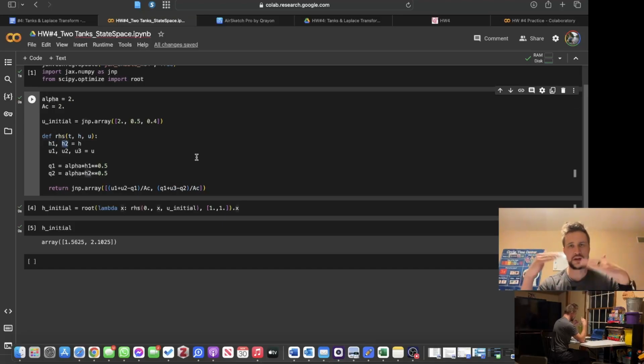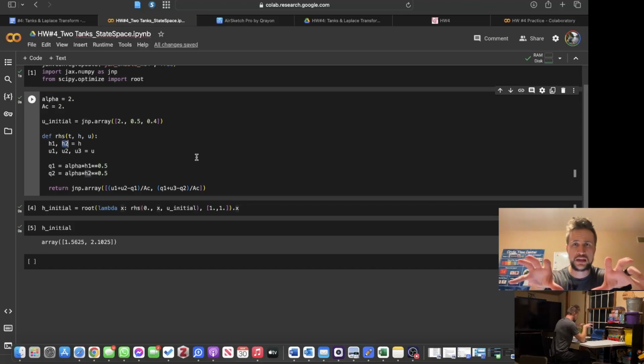So as the fluid heights in our system change, what impact does that have on both of our functions? And so that is what we're going to do here with unpacking our Jacobian method and linearizing using our Taylor series expansion.